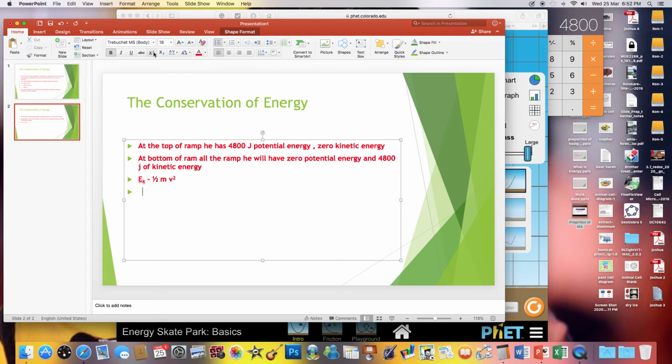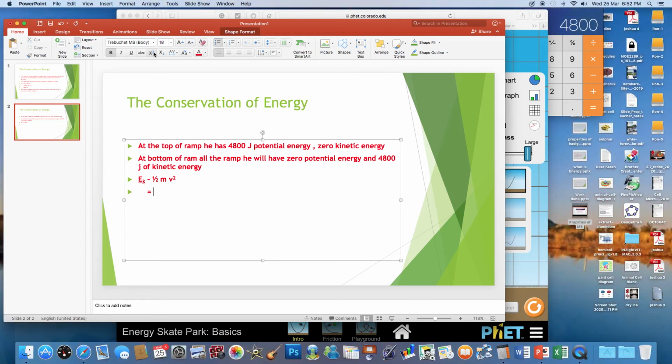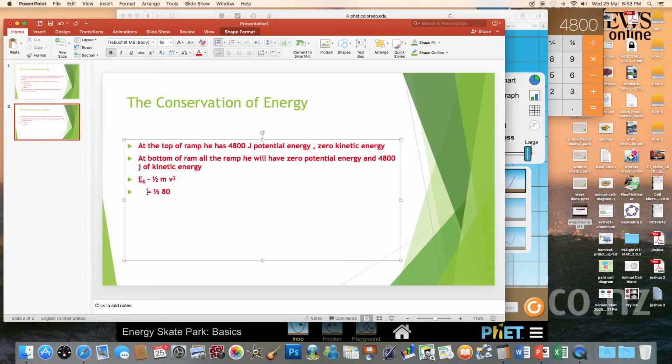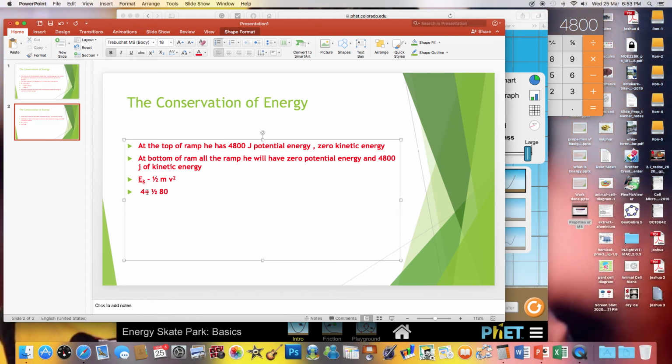So it should equal 1/2 times 80 kg, and we know that this was 4,800 joules.